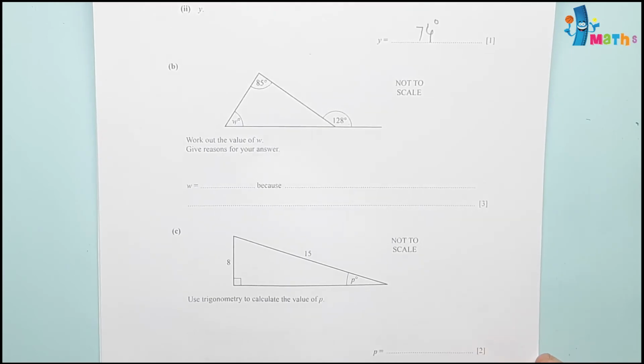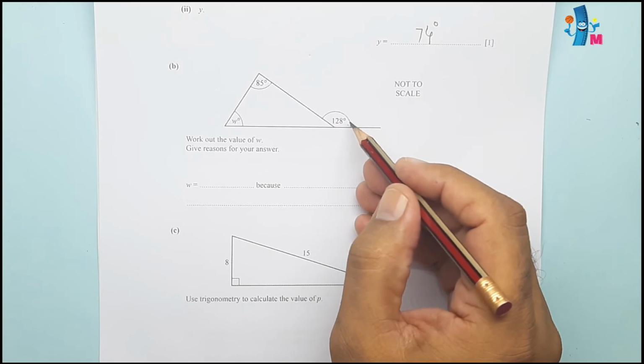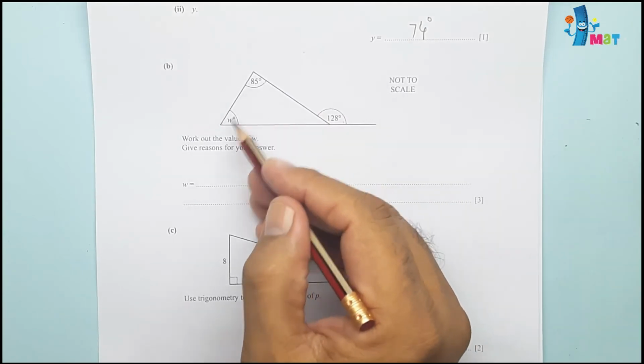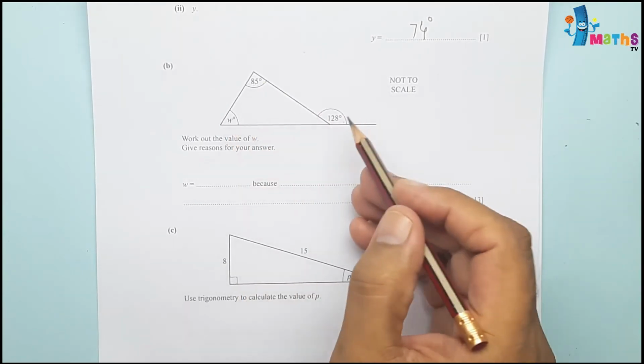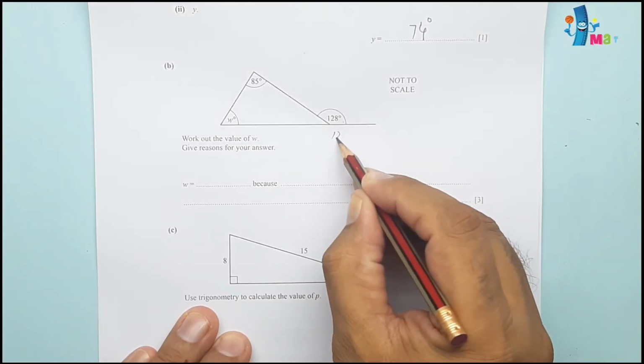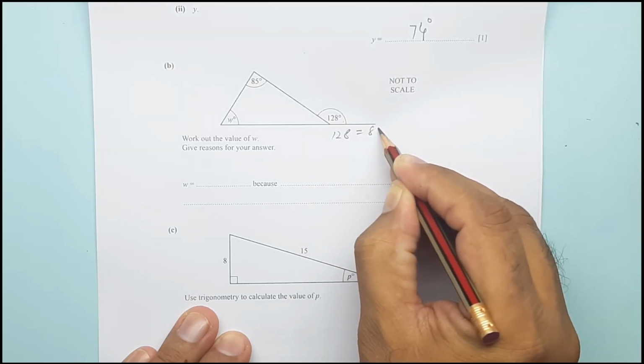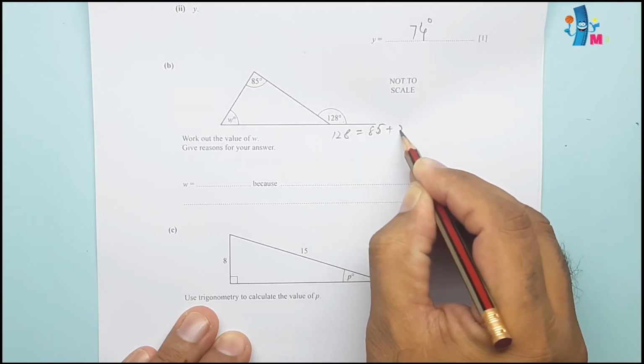So we know that the exterior angle of a triangle is equal to the sum of two remote interior angles. So the sum of these two angles will be equal to 128. So we can write here as a working 128 is equal to 85 plus w.